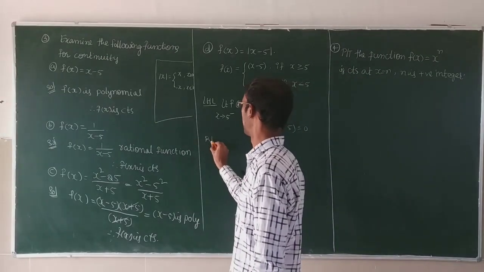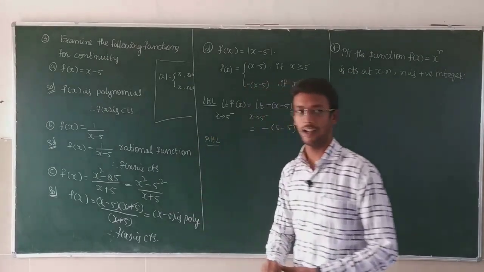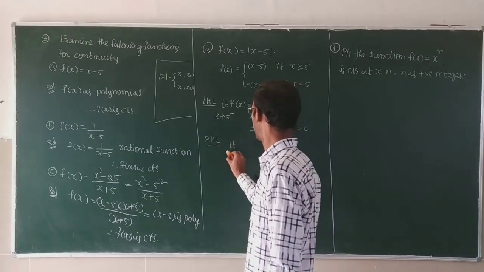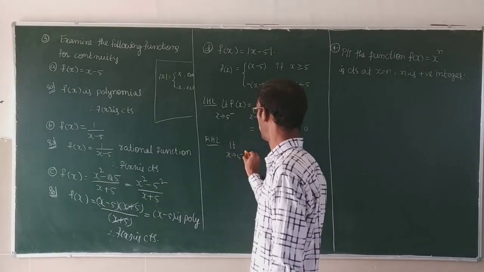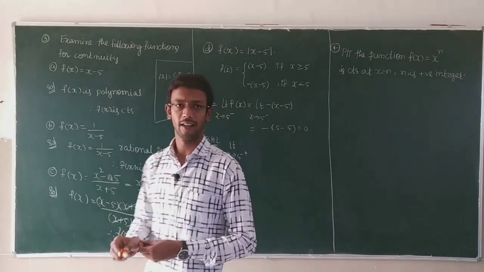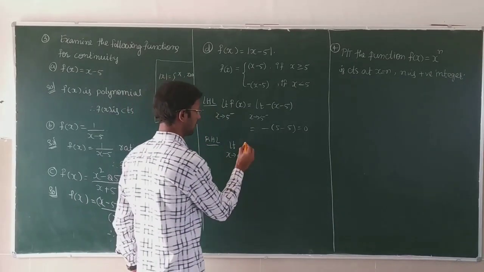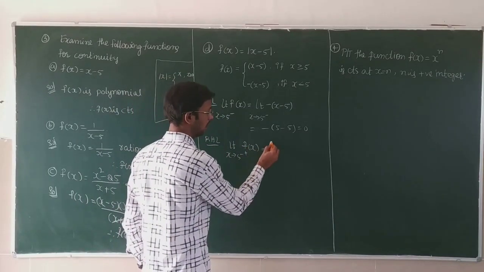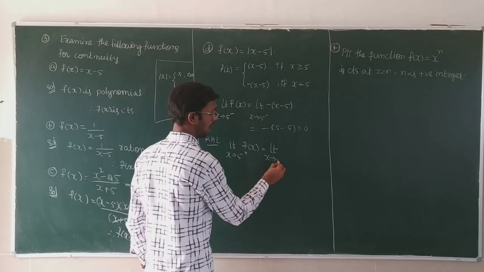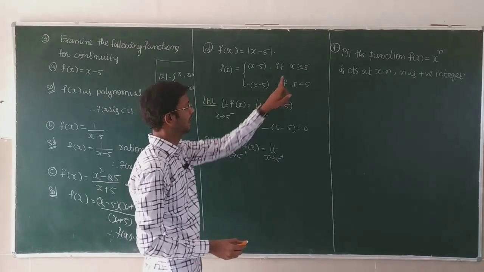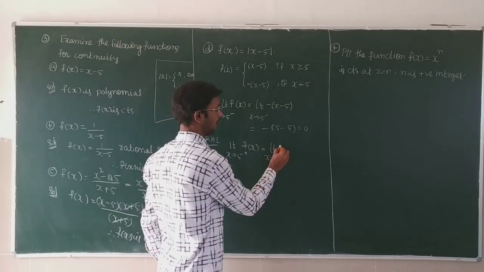Next, RHL: limit x tends to 5 plus of f of x, where x is greater than 5.